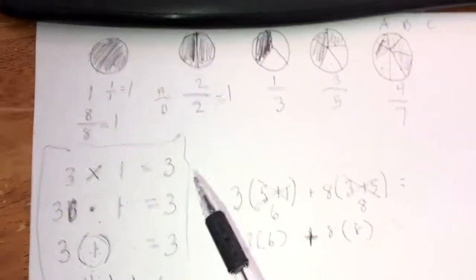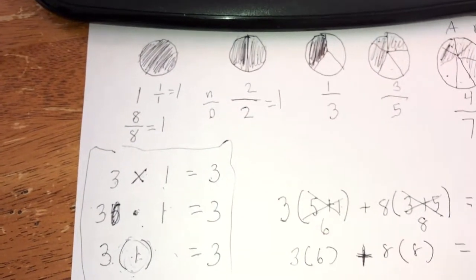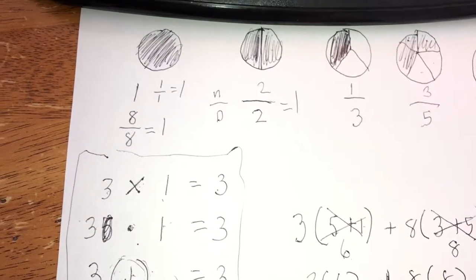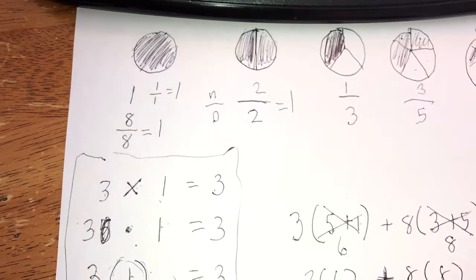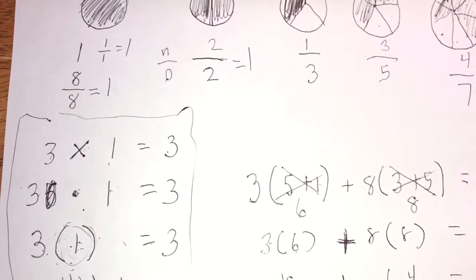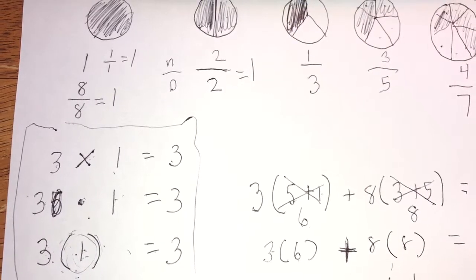Do we see the multiplication? You may not see it, but go back over here. We can represent multiplication by how many ways? 3 ways. So let's go ahead and do it. 3 times 6 is what? 18. We bring it down. 8 times 8 is 64. And then we're done. Add 18 and 64: 82.